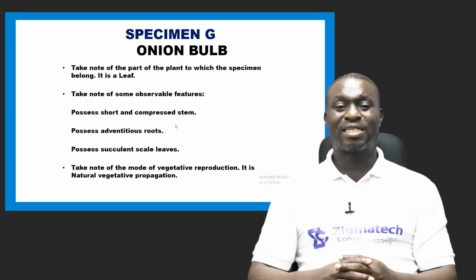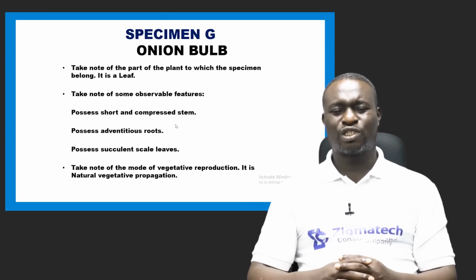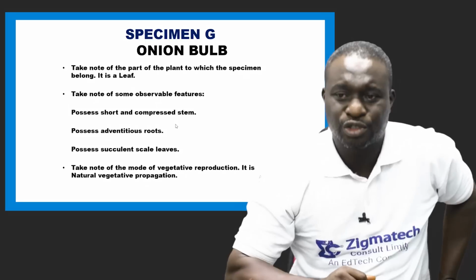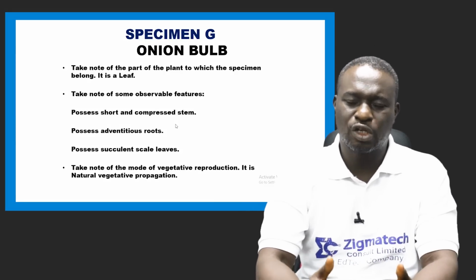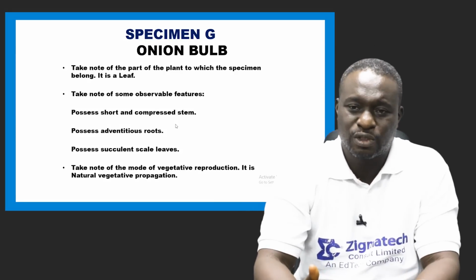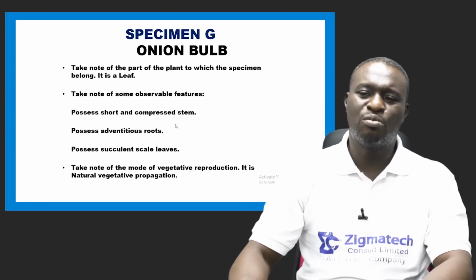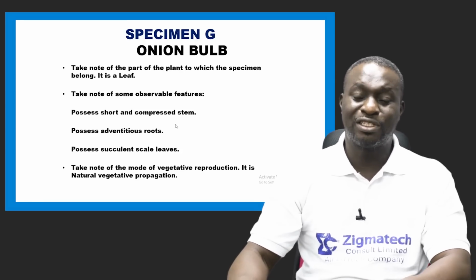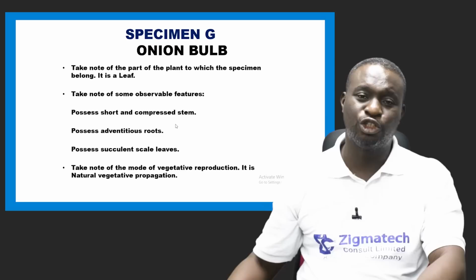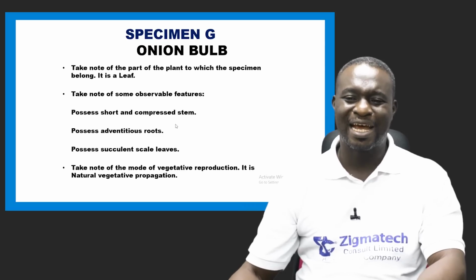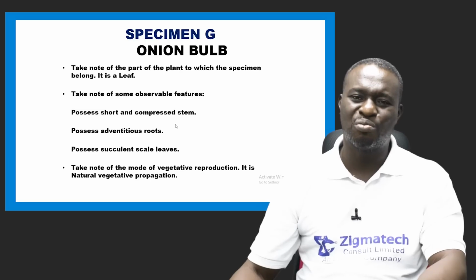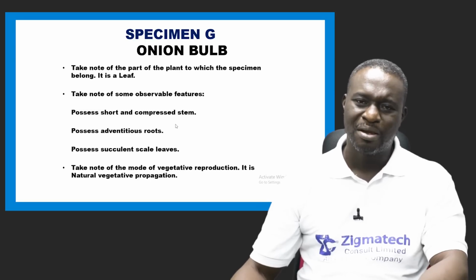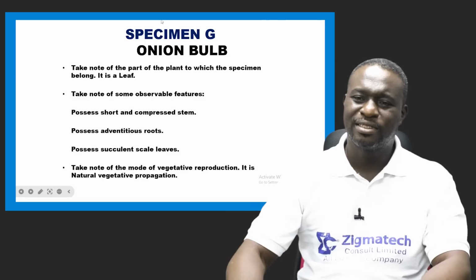Inside of those scaly leaves, we have a succulent leaf, that is, it is filled with food, so it stores food. Now, take note of the mode of vegetative reproduction in onion bulb. It is natural vegetative reproduction by use of a modified stem.